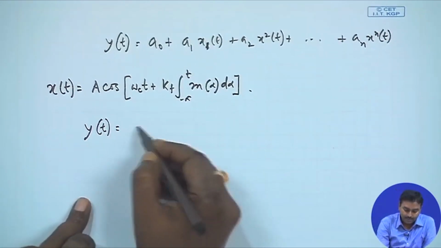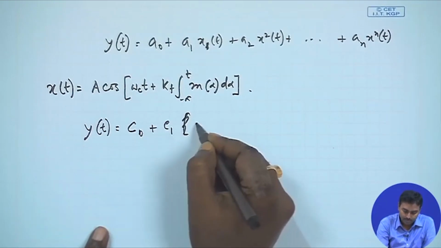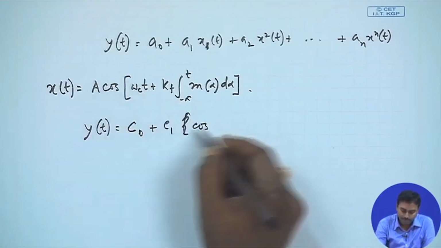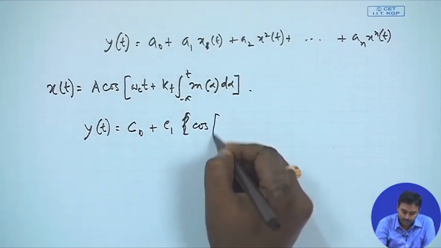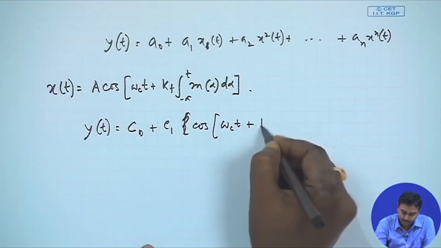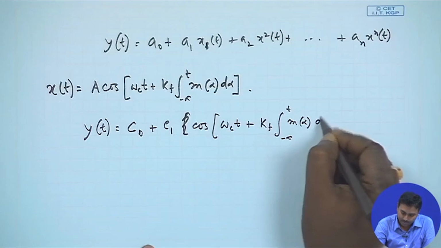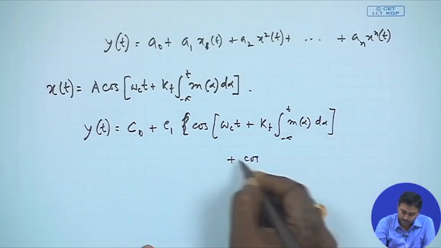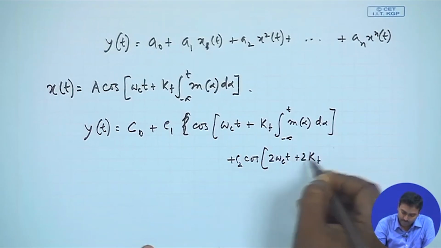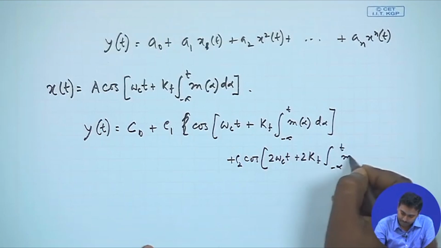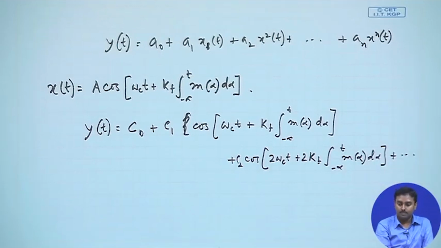I will be seeing something like C0 plus C1 cos(omega_c t plus k_f integration from minus infinity to t of m(alpha) d alpha), of course this A can be taken inside C, so do not worry about that, plus C2 cos(2 omega_c t plus 2 k_f integral of m), and so on up to the nth term.